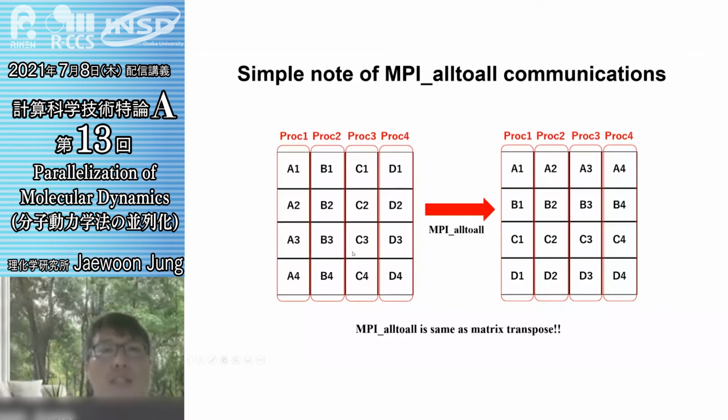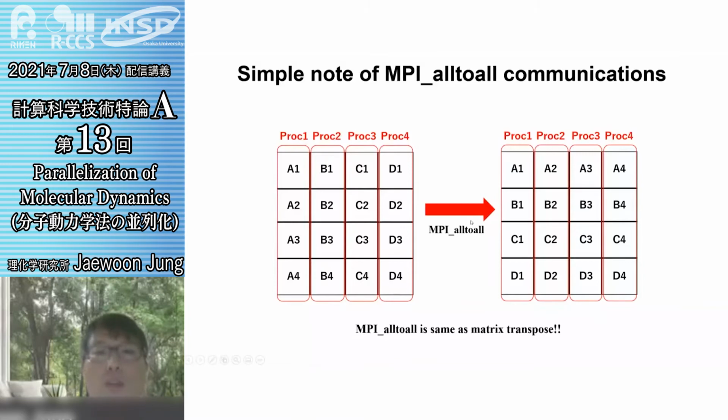If you see this matrix, assume that you have elements like A1 to A4 in a column, B1 to B4 in a column, and so on, and just assume that processor 1 has the data of A1 to A4, and processor 2 has the data from B1 to B4, and so on.